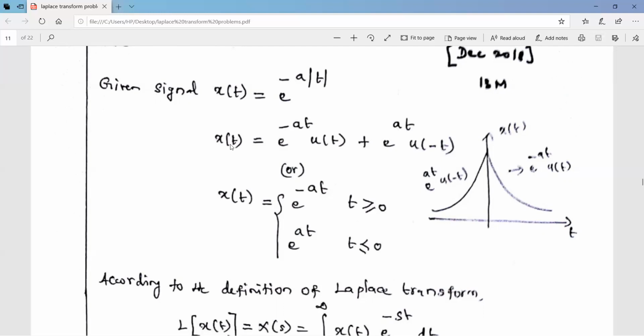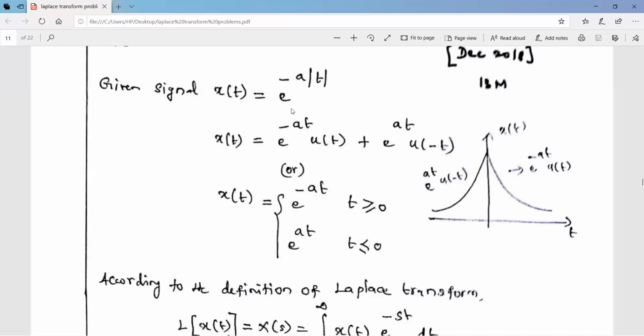So x of t, e power minus a modulus t, can be expanded as e power minus at u of t plus e power at u of minus t. Or we can write x of t equal to e power minus at for t greater than or equal to 0, and e power at for t less than or equal to 0.